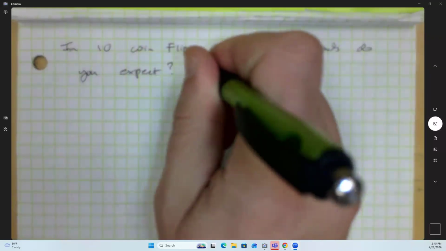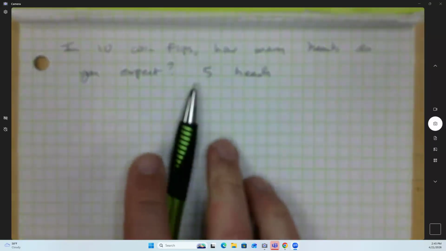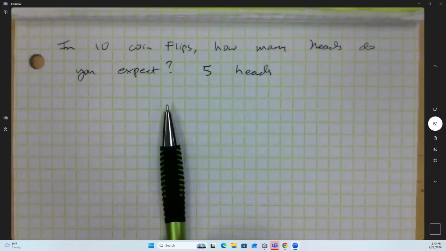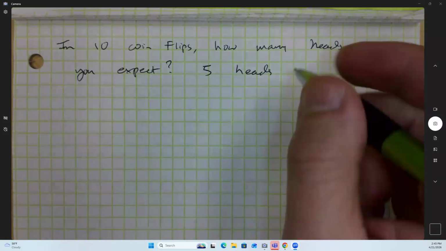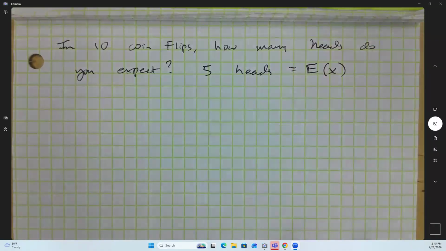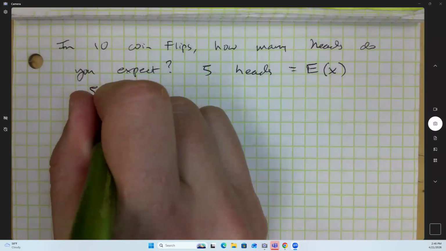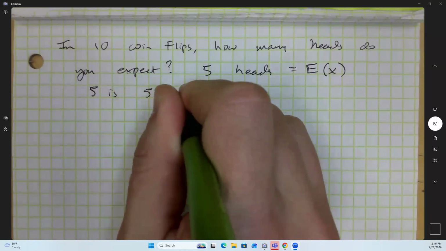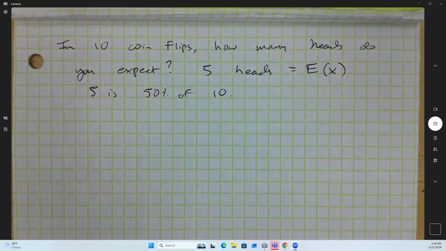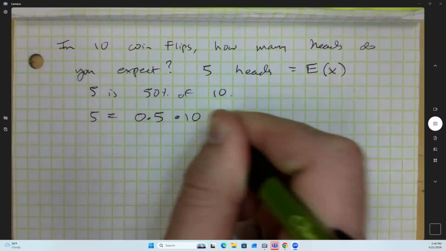It's 5. Why? Because it's 50% of 10, right? So this is the expected value. Remember, we talked about expected value for any discrete probability distribution. In fact, for any distribution anywhere, it has an expected value. And the reason is 5 is 50% of 10. You could write 5 equals 0.5 times 10.